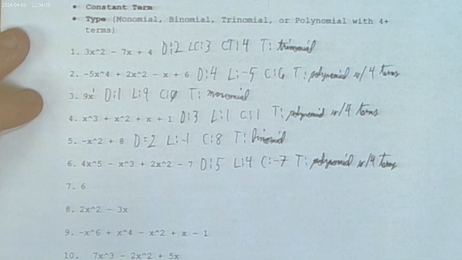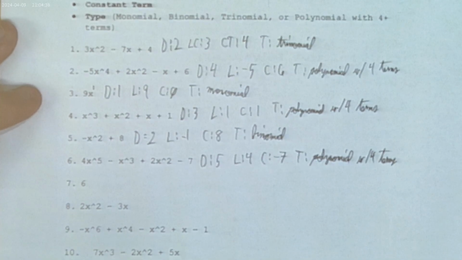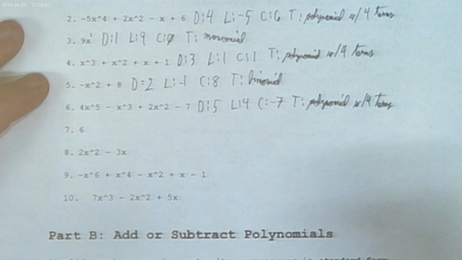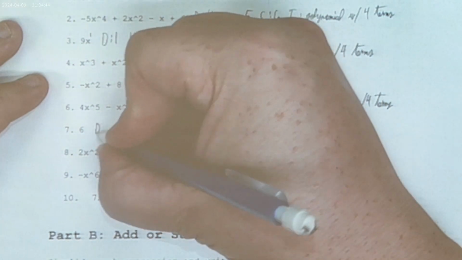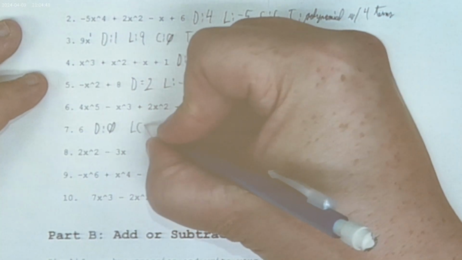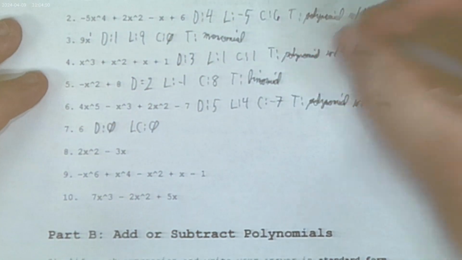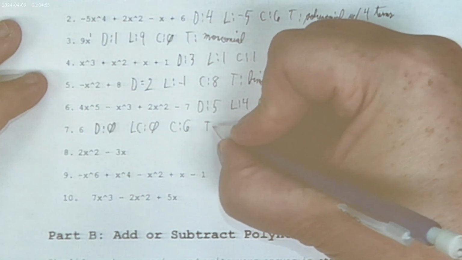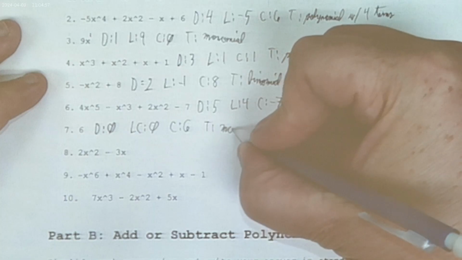Well, this one's pretty straightforward. And I did look up what you're supposed to answer when you see these. So the degree is 0. The leading coefficient is 0. The constant is 6. And the type is technically a monomial.